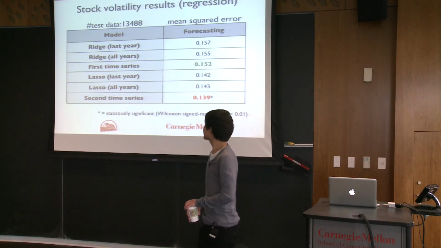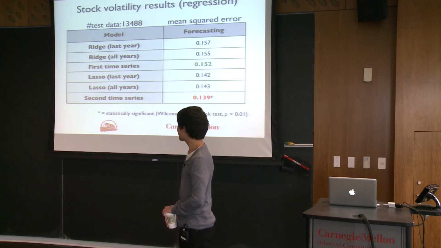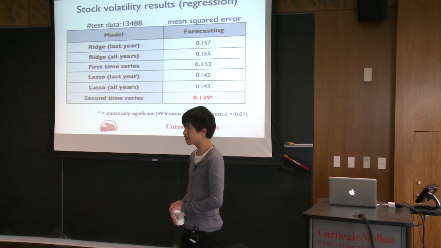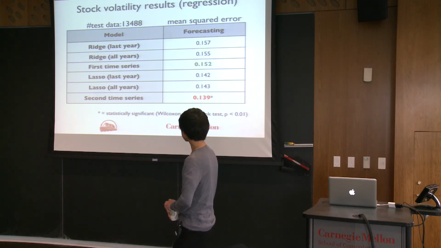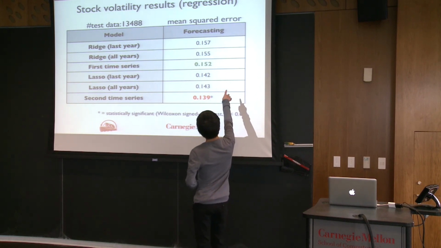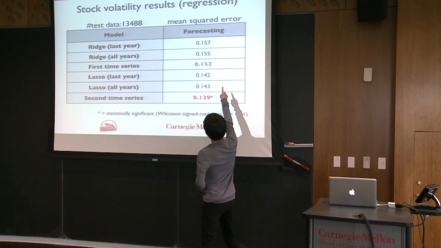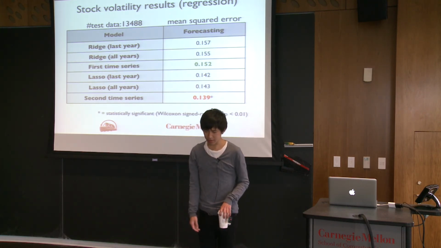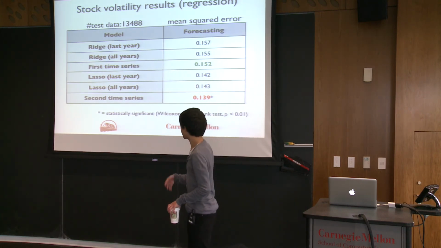So these are the results over about 13,000 test examples. The numbers are mean squared error in the log space. The first thing I would like to show is that our first time series model beats its ridge counterparts.